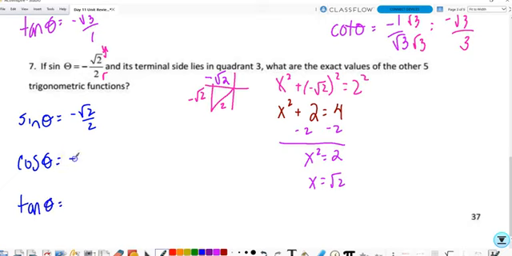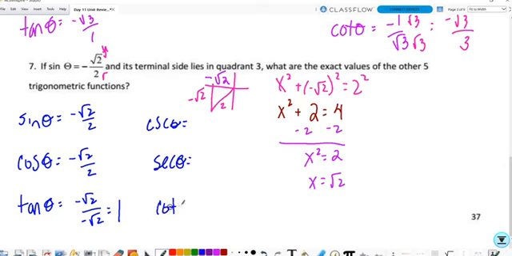All right, so cosine is x over r. Tangent is y over x. Anything divided by itself here, that simplifies to 1. That's a crazy looking theta.